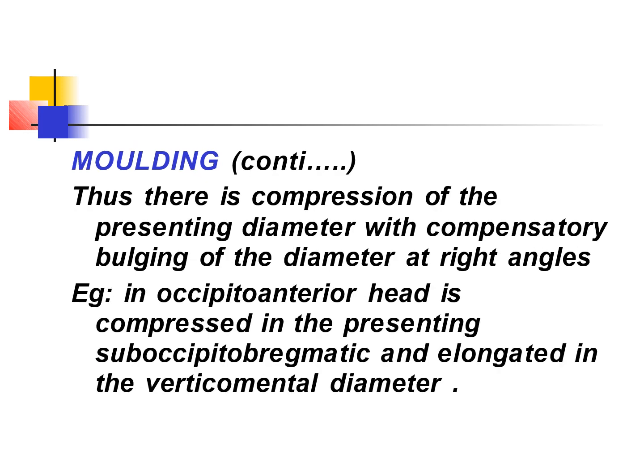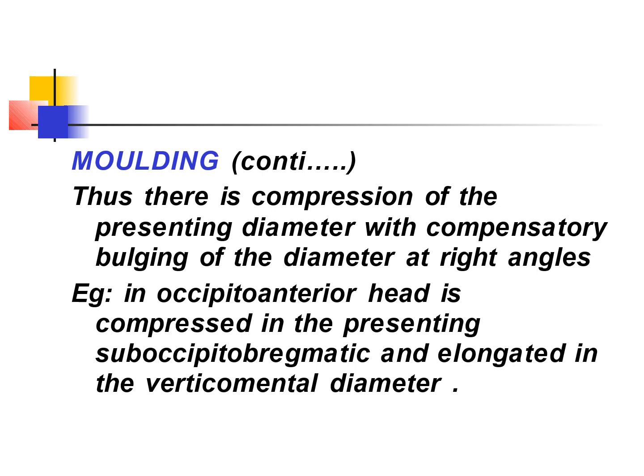And this compression of the fetal head, as I told you, will help to compensate, or help to adjust through the diameters of the birth canal. For example, if the occipito-anterior head is compressed, instead of presenting with the suboccipito-bregmatic diameter, it will get elongated in the verticomental diameter.